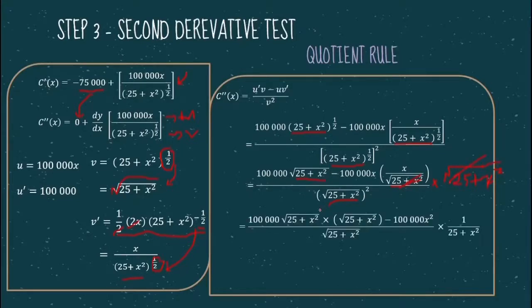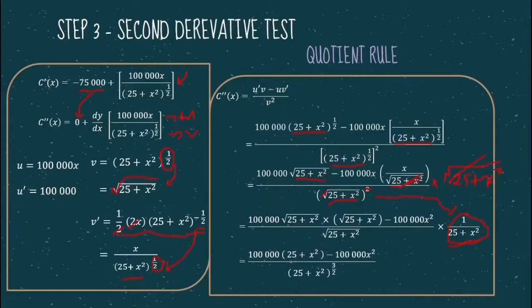And here we get this. How I get 1 over 25 plus x squared is because I bring out this part and it will be 1 over 25 plus x squared, and before that I cancel out this power of 2 with the root, and after that it will be like this.